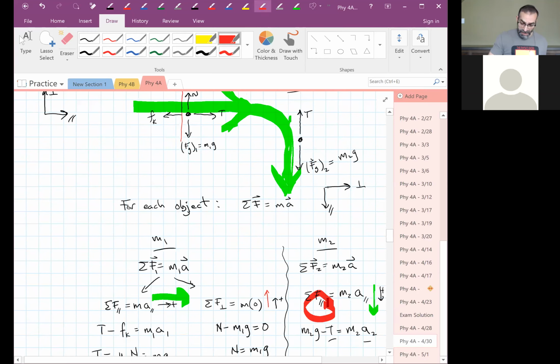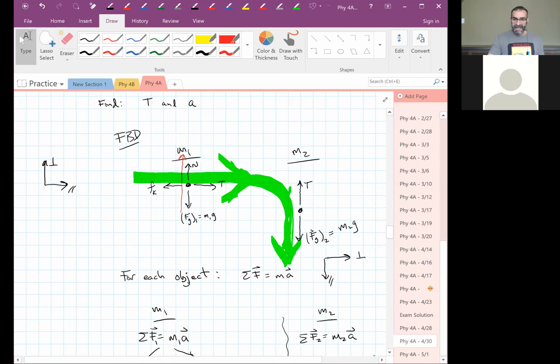Parallel to the direction of motion, and I used down as my positive direction. I just followed the rope basically and said that's my positive. That's one. The pulley is changing the direction, but it's really a one-dimensional problem. The pulley makes it look kind of like a two-dimensional problem, but everything's moving in lines, right? And those lines are connected by that string. It's really a one-dimensional problem.